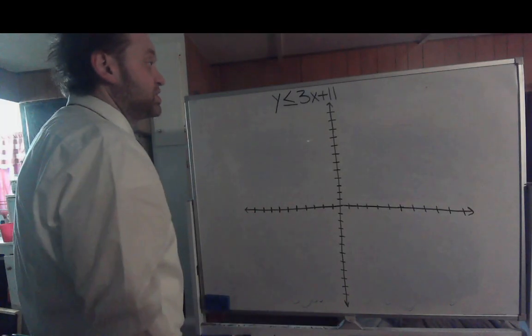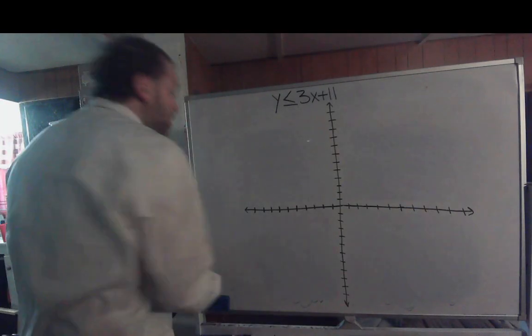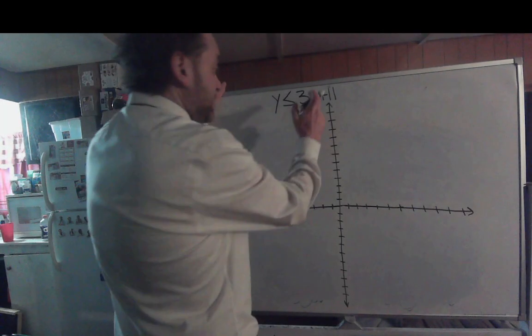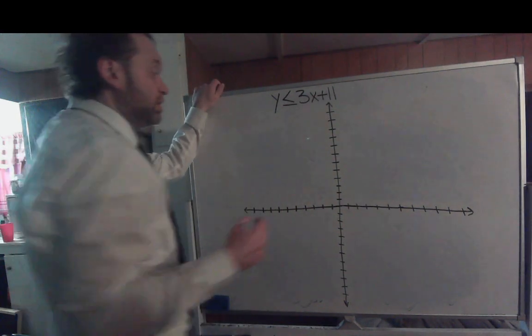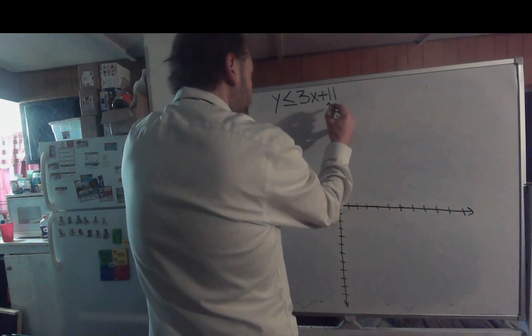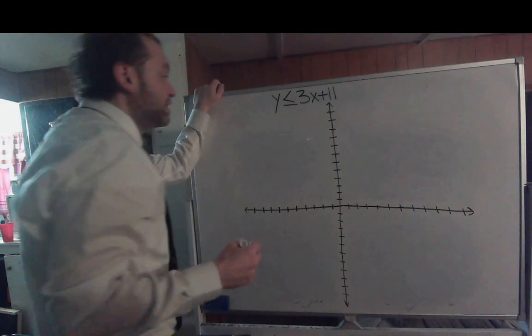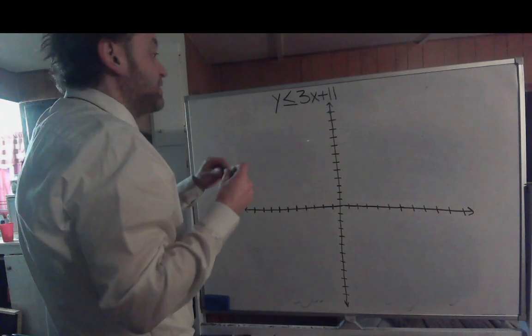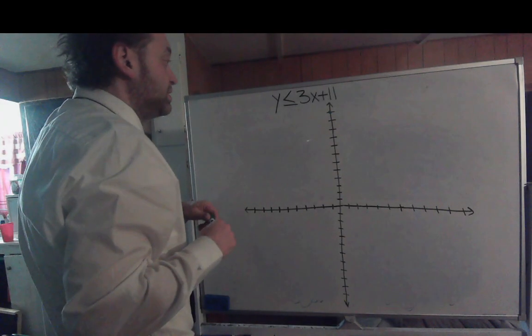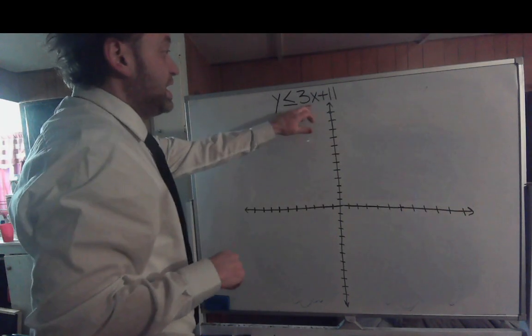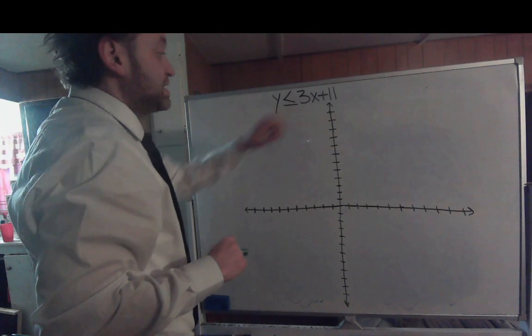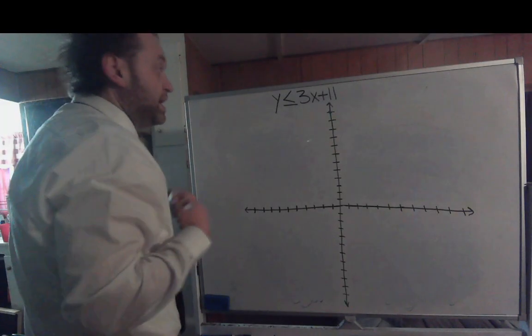Of course, we have the y-intercept at 0, 11. So that's a good point here, 0, 11. Let's find one additional point. What if I put in -1? If I put in x equals -1, I would get 8.